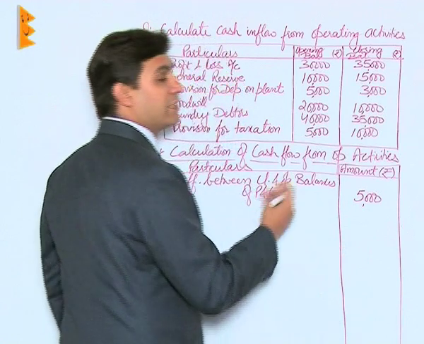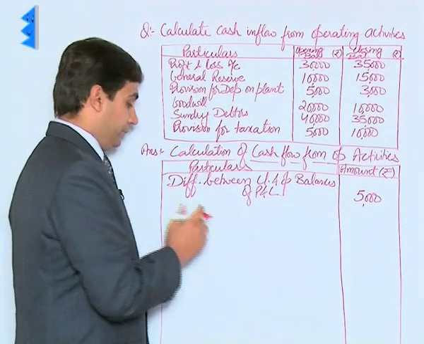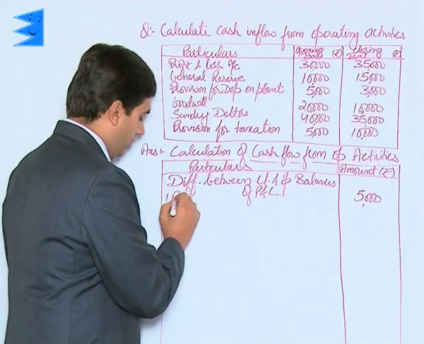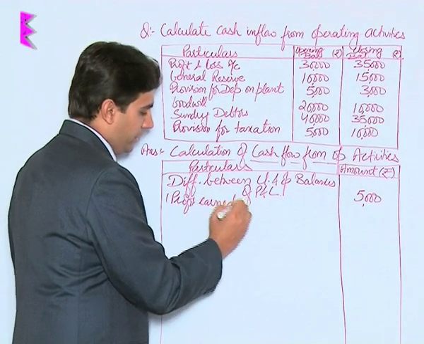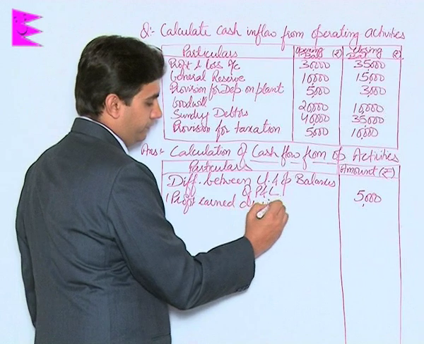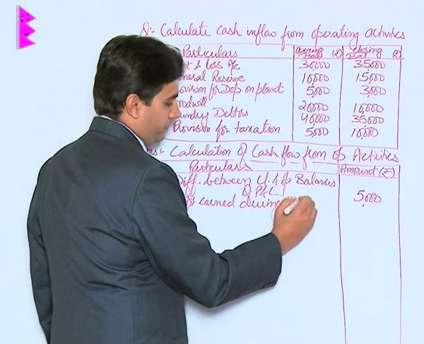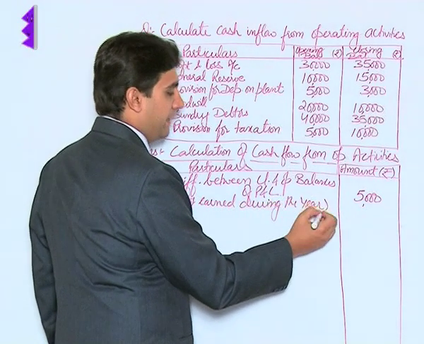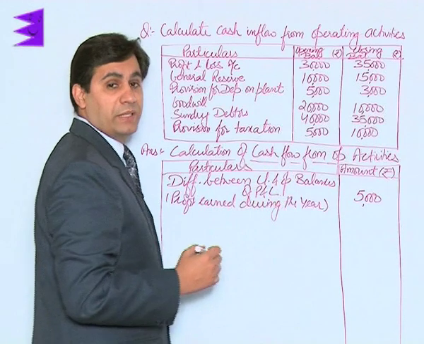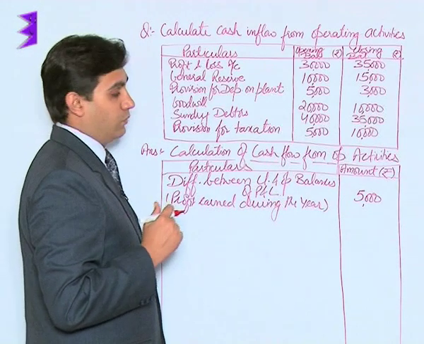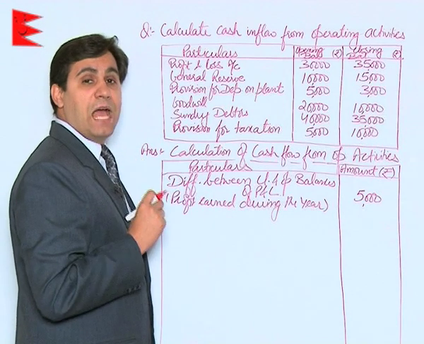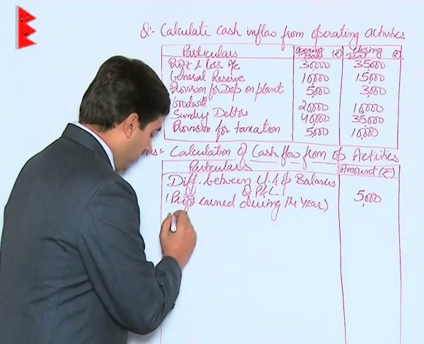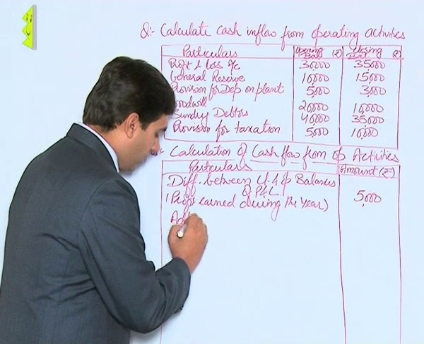You can also write it as profit earned during the year. It's one and the same thing if you write this, or the difference between the opening and the closing balances of profit and loss account. Now to this amount, various appropriations would be added back or adjusted.